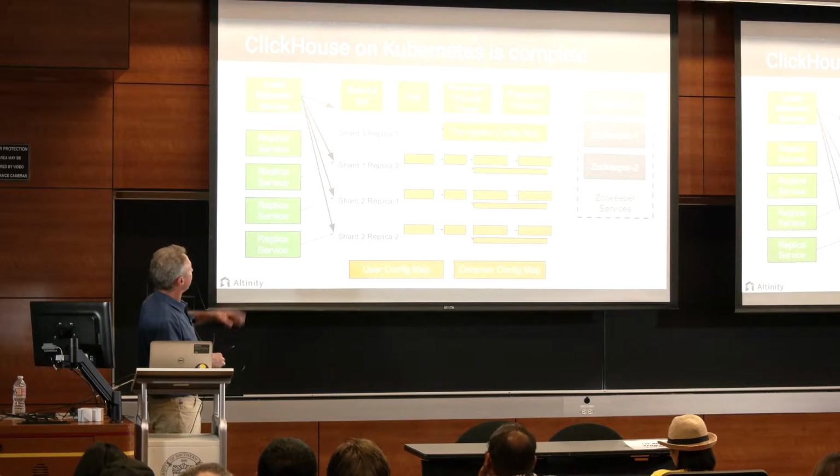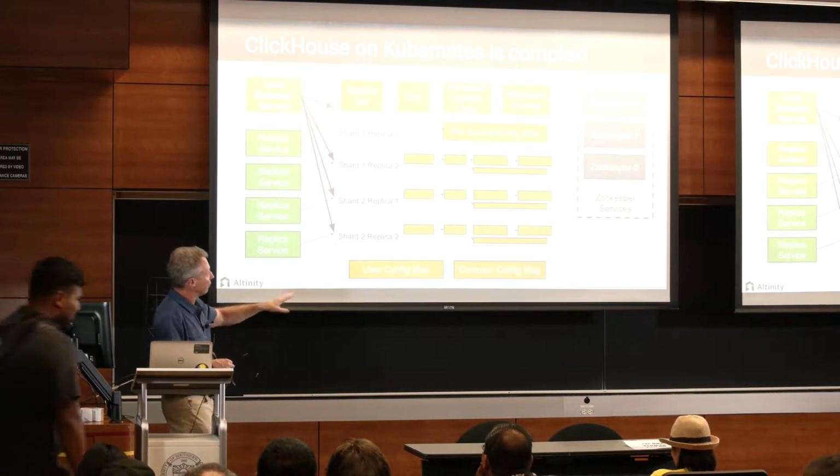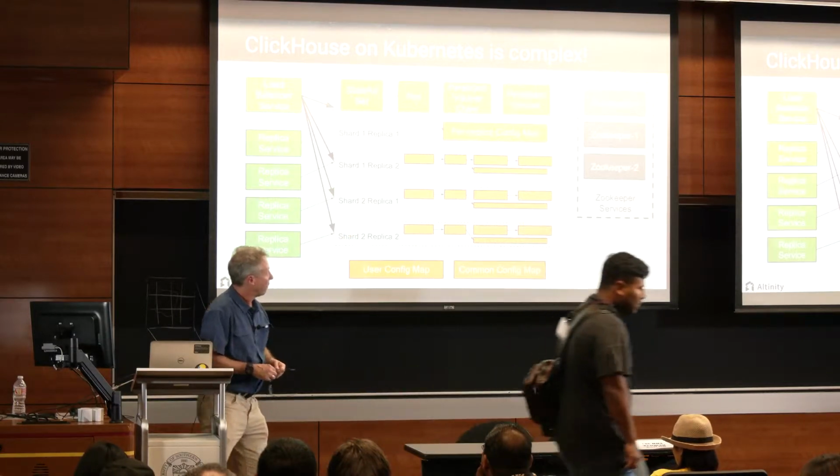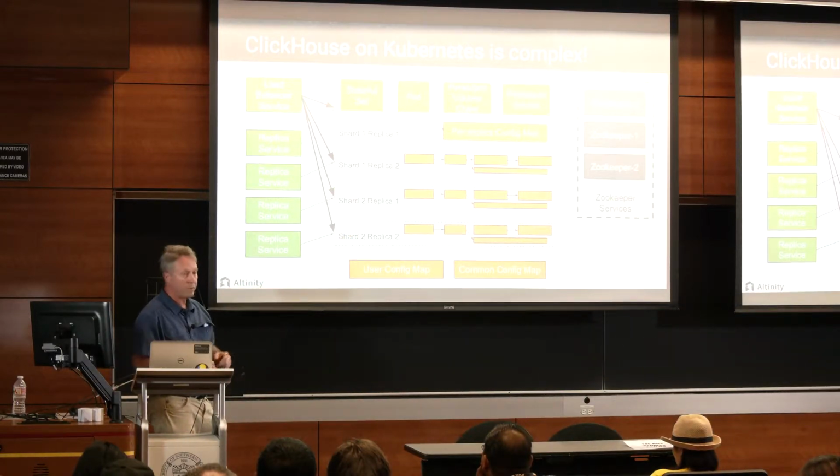So a real data warehouse has a bunch of resources. It also has Zookeeper over on the side. That's a distributed directory service, if you will, that keeps track of data that needs to be kept consistent.